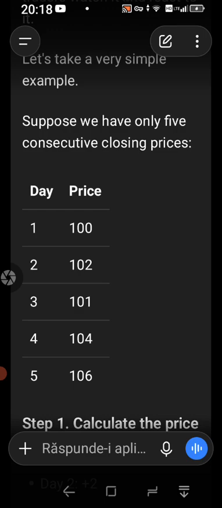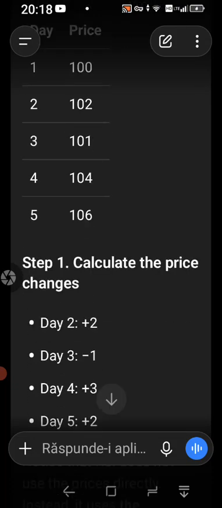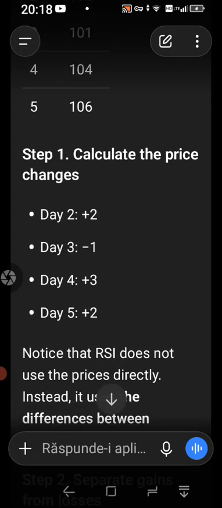Day 1, price $100. Day 2, $102. Day 3, $101. Day 4, $104. And day 5, the price is $106. Step 1. Calculate the price changes.